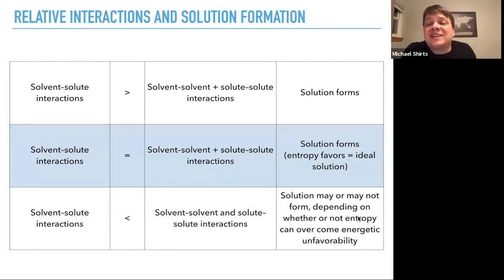The energetics say, I'm going to stay with other molecules of the solvent, I'm going to stay with the solute, or that may overcome the force of entropy. But if there's just a small imbalance such that solute-solute and solvent-solvent are favored over solvent-solute, then entropy might be enough of a push to get things to mix.